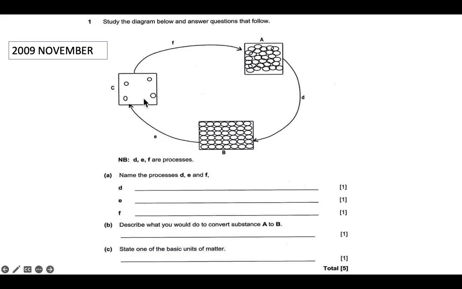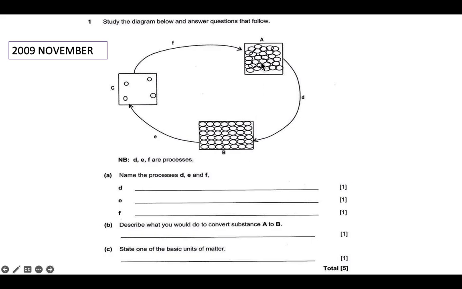Then there is a reversal of sublimation, which we call deposition. Deposition is a change from a gas to a solid.